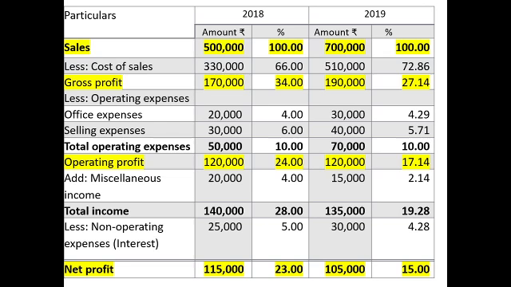So definitely you will find the income statement or balance sheet. So just take 2 years data and try to prepare statement like this. It may be comparative statement or maybe common size statement, and give some observation. So make some observation on the analysis part and try to give some interpretation.